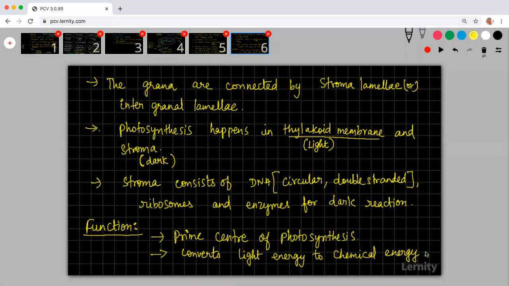Okay, with this we are completing your plastids. These are functions of chloroplast, not of plastids.